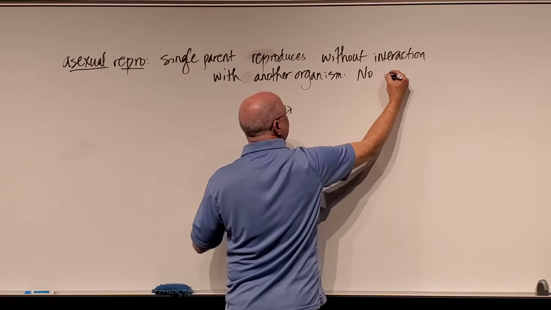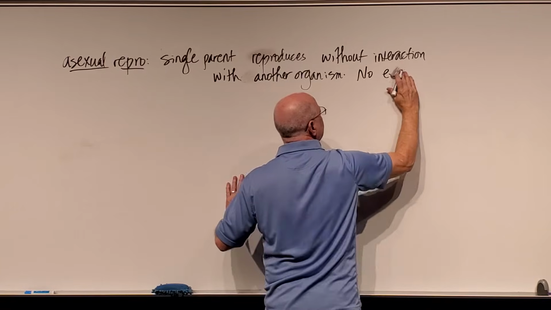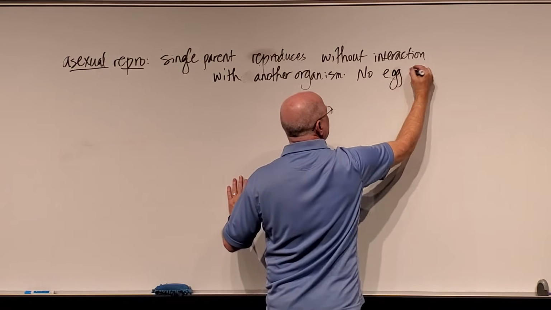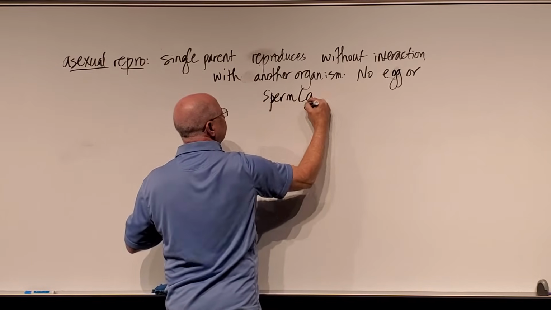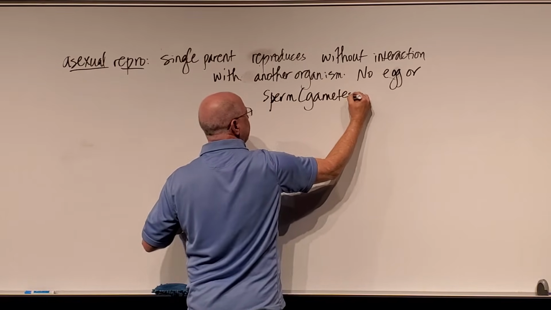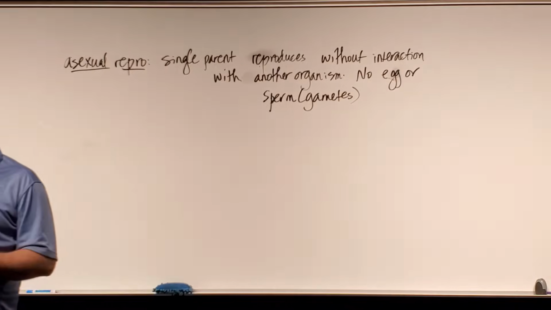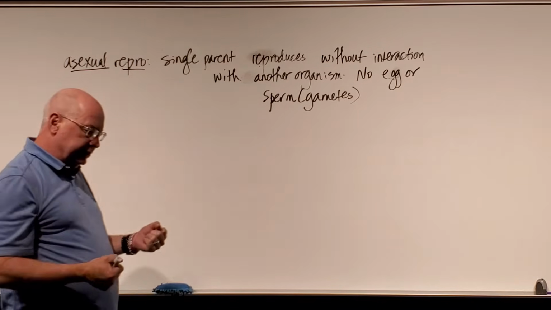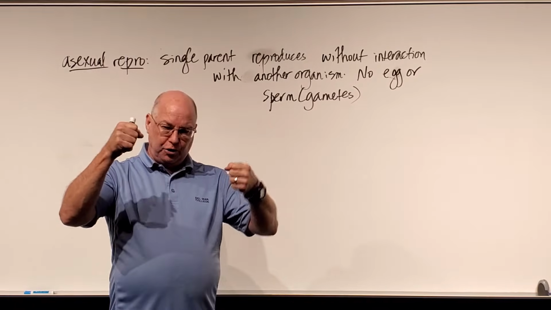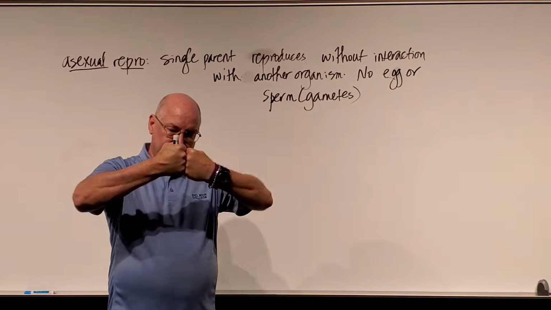There is no egg or sperm, which we often refer to as gametes. They don't require any gametes, no egg or sperm, to reproduce. So in sexual reproduction, we need a sperm and an egg, or the gametes, to fuse together, the male and the female gametes.